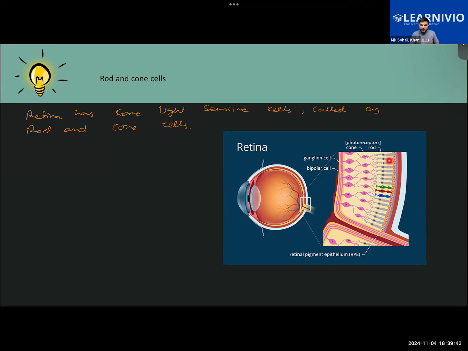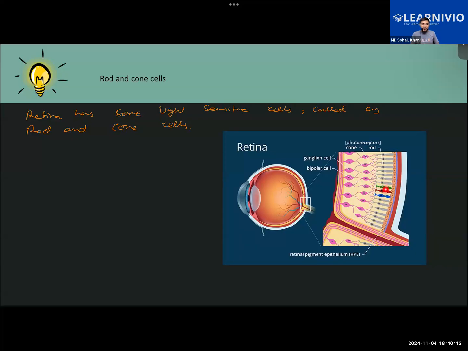Particularly look at the cells that are present in this row. These are the rod cells, the ones shown in black and gray color. They will be activated in dim light or during the night. These cells will be responsible for providing us night vision. Particularly these cone cells that you are seeing here, these colorful cells, are more sensitive towards colorful light and bright light.